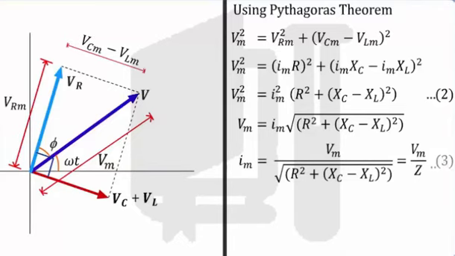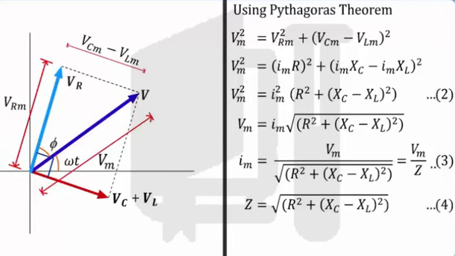Here, Z is the impedance of the LCR series AC circuit, which is analogous to resistance in a DC circuit, and is equal to under root of R square plus (XC minus XL) square. Let this be equation 4.